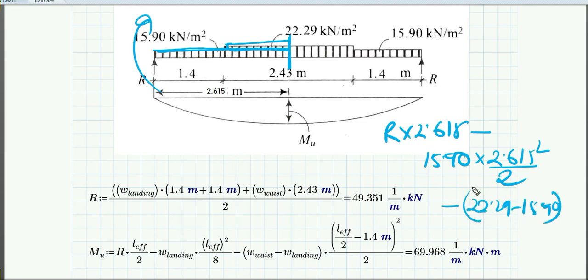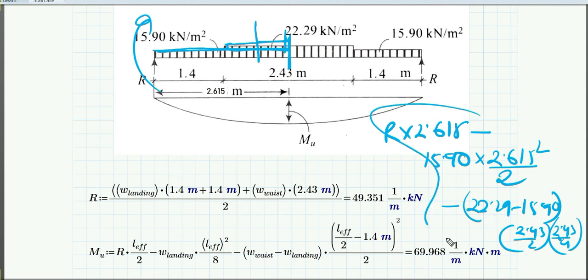This is the excessive load, which is acting over a length of 2.43, into the distance from the midpoint, which is basically 2.43 by 2 by 2, that is 2.43 by 4. Over here this load is acting. So this is how you can find out a moment.